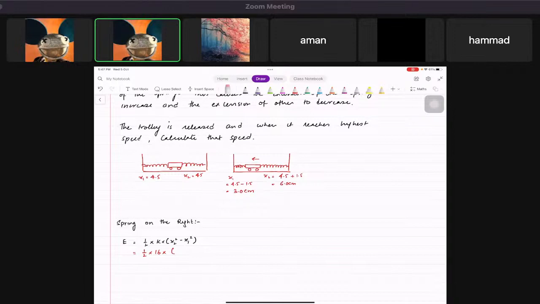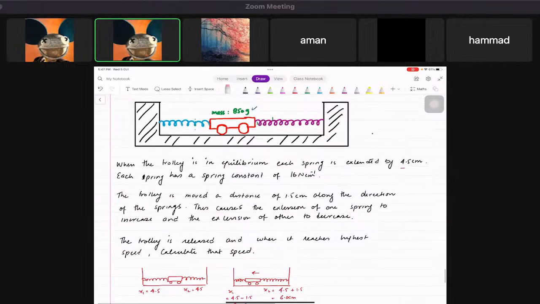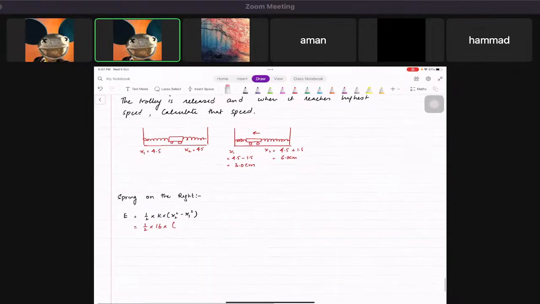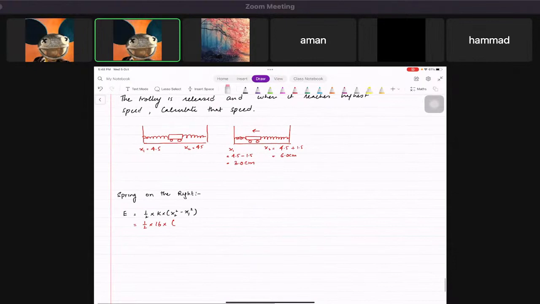So if I change 16 Newton per centimeter to meters, that would be 16 Newton per centimeter, and if I change centimeter to meter, it would be 10 raised to a minus 2 meters, so it will go up. It is going to be 1600 Newton per meter.